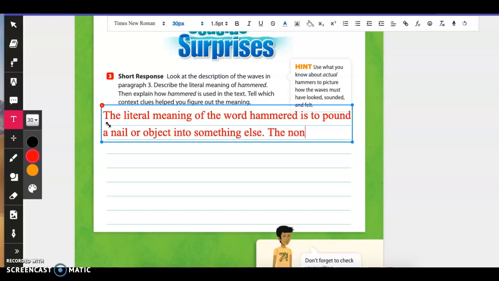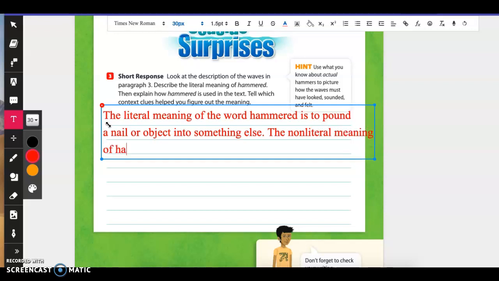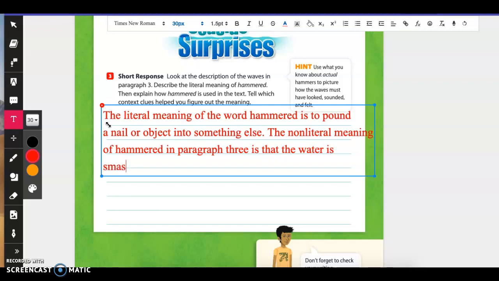The non-literal meaning of hammered in paragraph 3 is that the water is smashing into the rocks.